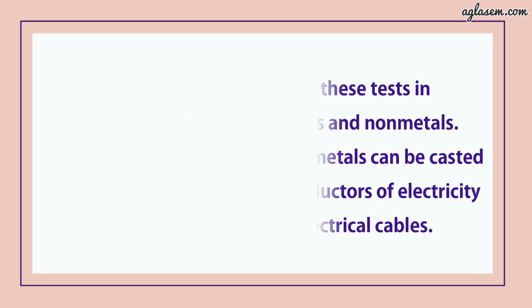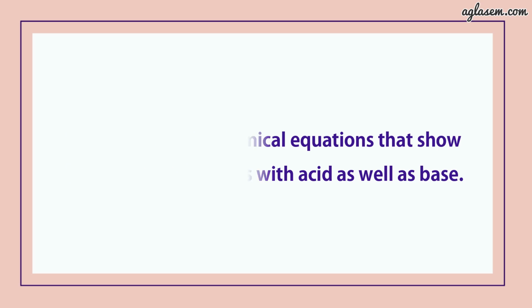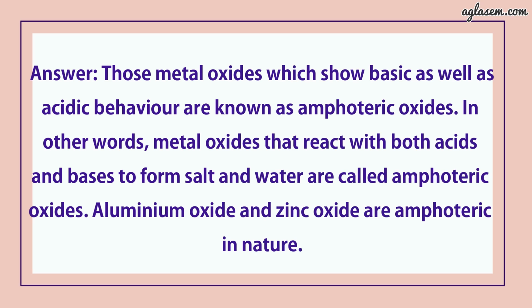Now, question number 6 says, write chemical equations that show aluminium oxide reacts with acid as well as base. The answer is, those metal oxides which show basic as well as acidic behavior are known as amphoteric oxides. In other words, metal oxides that react with both acids and bases to form salt are amphoteric oxides, and aluminium oxide and zinc oxide are amphoteric in nature.